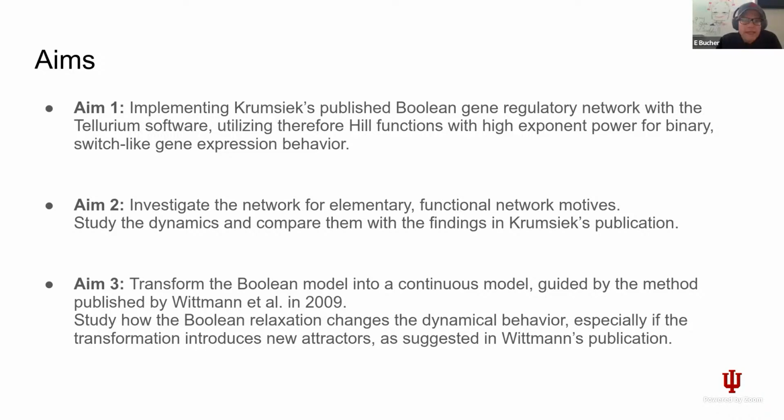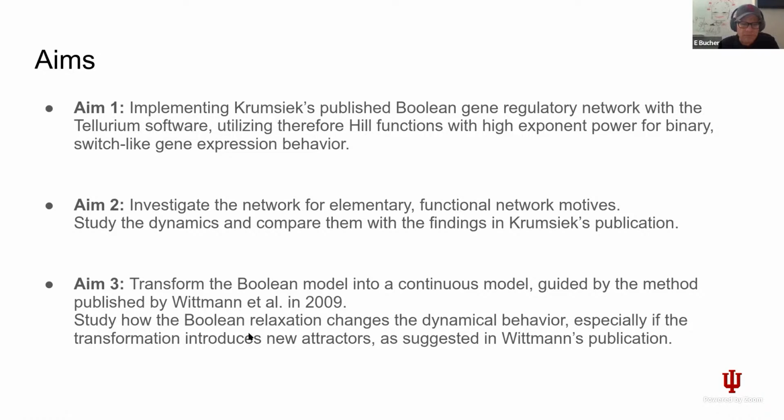And then in aim 3, I really try, as I said, to relax the model. I will, of course, first just maybe smoothen the transition so I have a lower Hill power, so that I don't have these steep switch-like curves. But I really want to follow this Whitman paper and see how they go from this discrete model to the continuous model, and then see what changes.